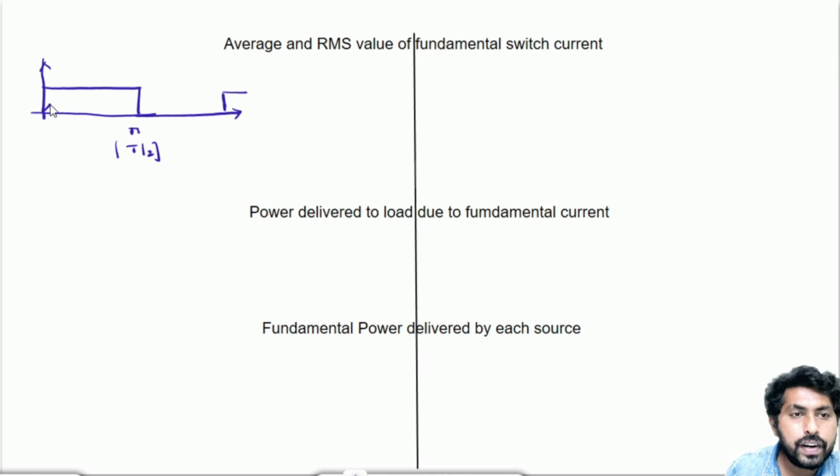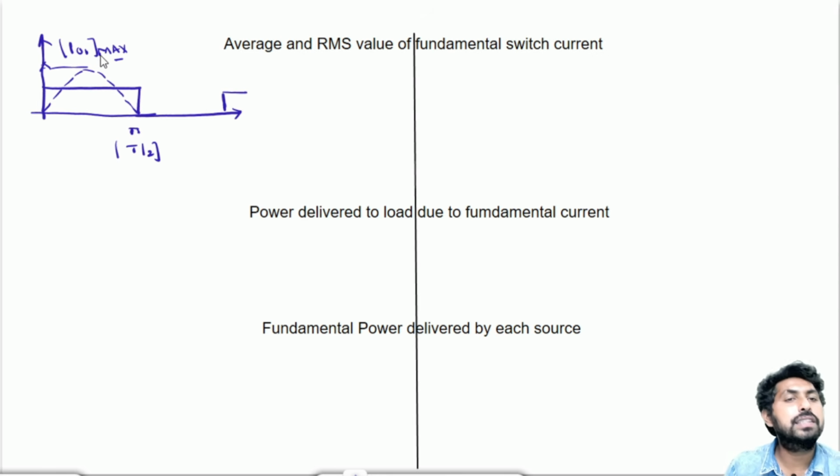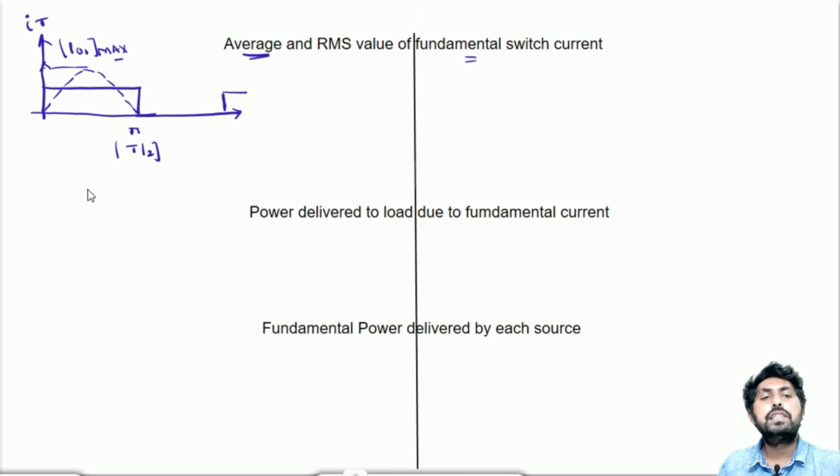If I draw the fundamental current, it will be sinusoidal in nature, like this. And this peak value will be I01 max. Now, if I want to find the average value of the fundamental switch current, let it be IT1, I need to find the IT1 average value.